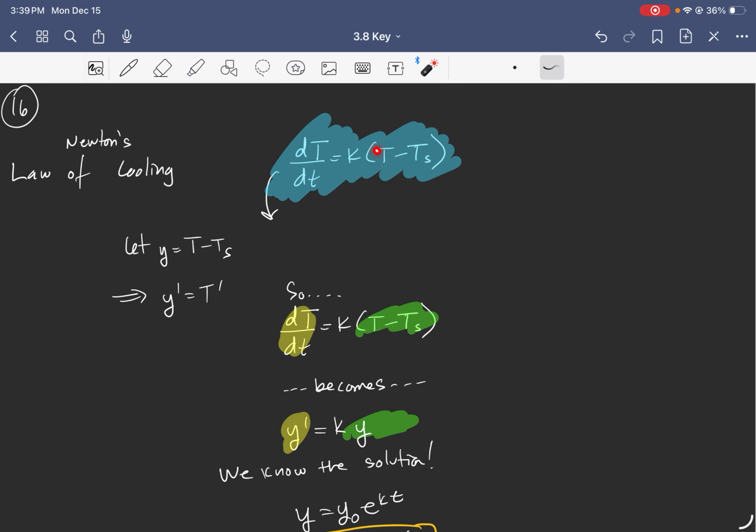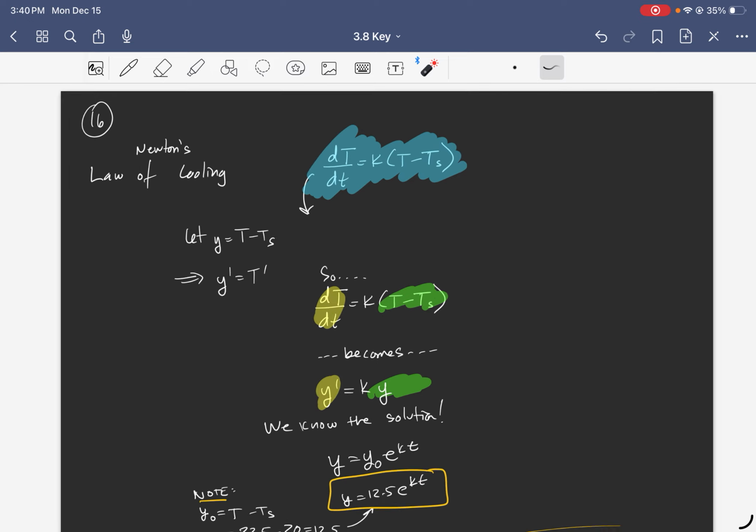So if this is a really big temperature minus the surrounding medium, so maybe I have a big difference, I'm much hotter than the surrounding medium, like a super hot cup of coffee compared to the air temperature around it, then that means my change in temperature will be really, really big. So we'll be changing temperature very, very quickly.